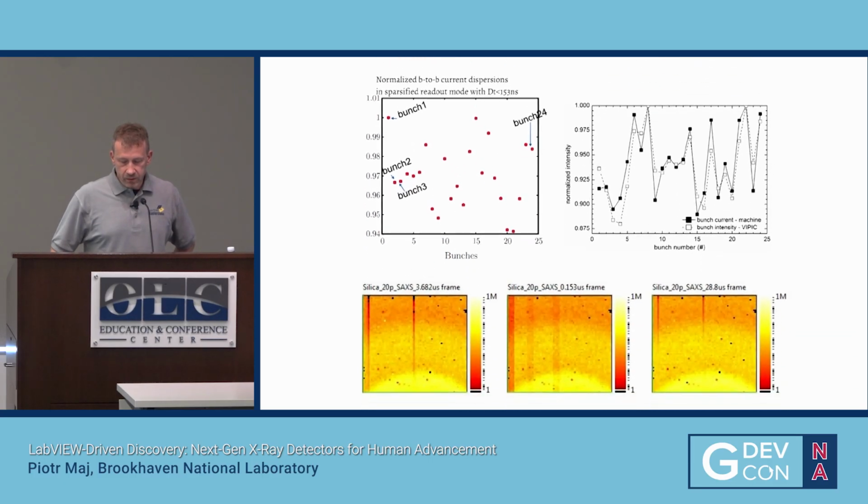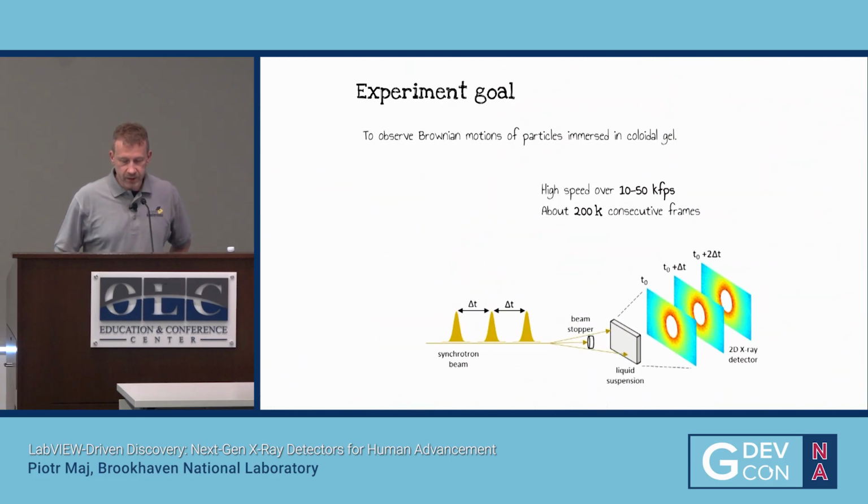It encouraged us to go even further with experiments, and we tried the X-ray correlation spectroscopy, which essentially is collecting a large number of frames, at least 200,000 frames, that tells us about the memory that we need to have, with a very high speed, which is 50,000 frames per second. If you calculate, it's a really large stream. And we don't care about images themselves.